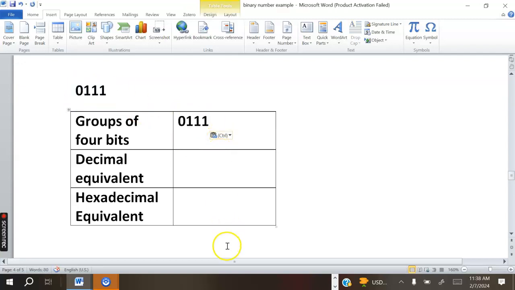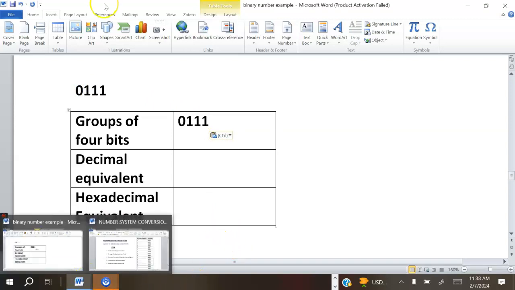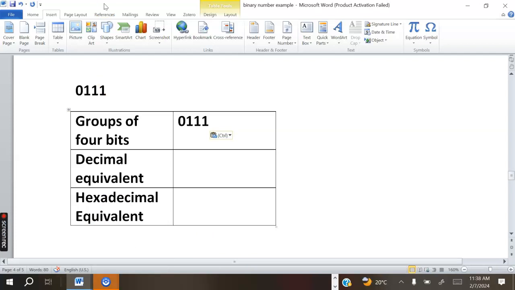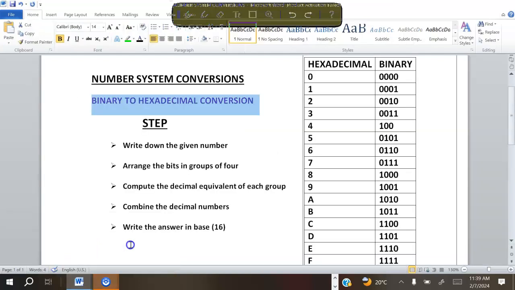in groups of 4. Then after you have done that, go to your table and check the value for 0111. When you check the table of decimal or hexadecimal, let's go direct so that you can have a comparison.